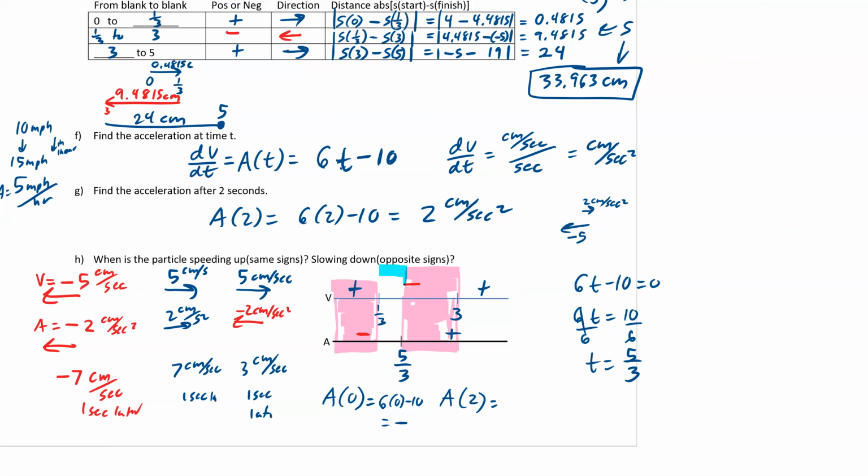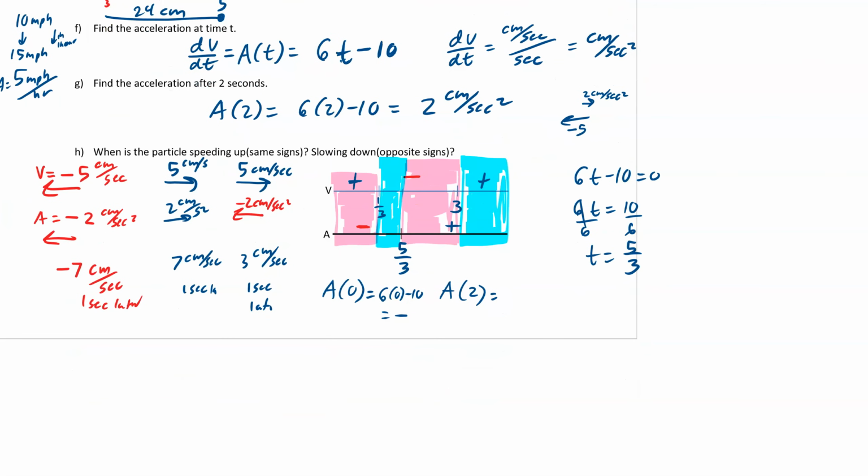So this is accelerating. You can see they are both negative in this region. So between 1/3 and 3, it's negative, and between 0 and 5/3 is negative. So that's speeding up. And then at the very end, it's a positive. So now we just use those numbers between the velocity and the acceleration to tell us where. So speeding up, that would be between 0 and 1/3.